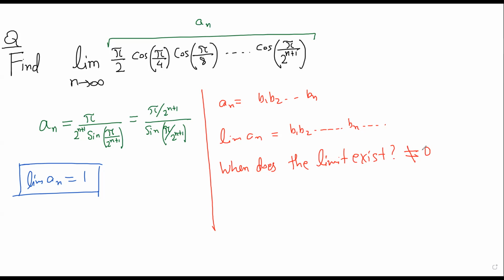Even Apostol's multivariable calculus has a section on infinite products. I will say a few things on infinite products, and then you should take them as exercises and read about it.